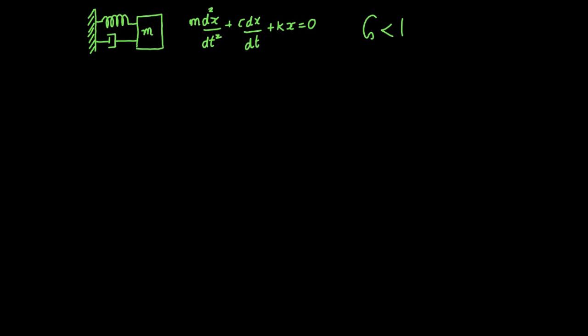The damping factor is the ratio of the damping coefficient to the critical damping coefficient. If it is less than 1, then the system is going to oscillate.